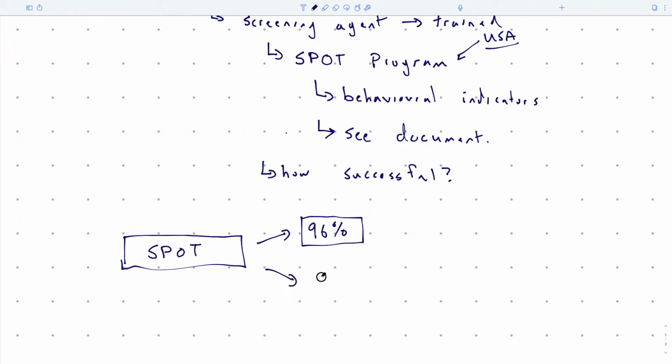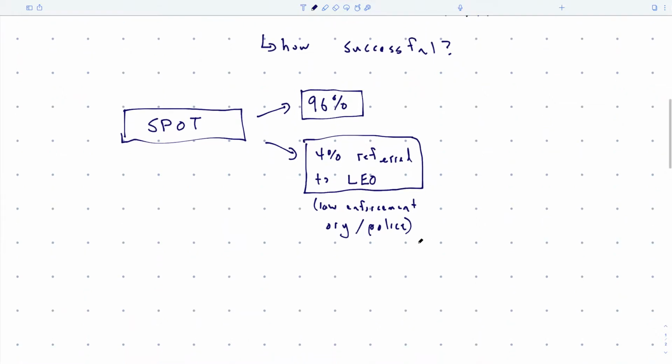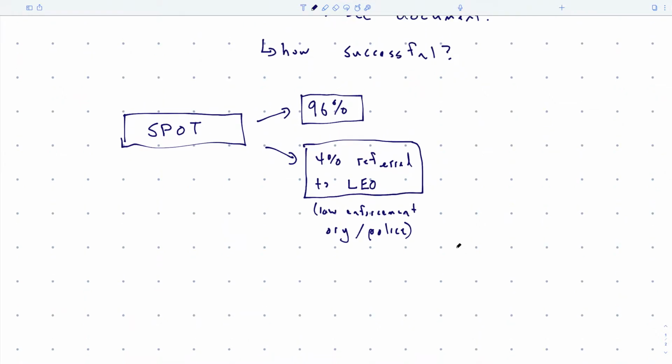And so that leaves 4% that were referred to law enforcement, which I'll write, LEO is the term they use, law enforcement organization. But basically it means police.